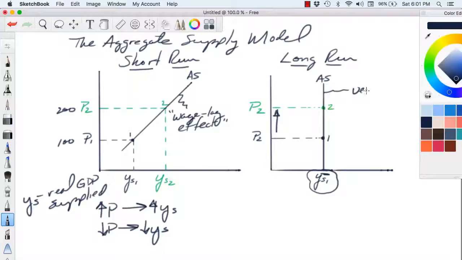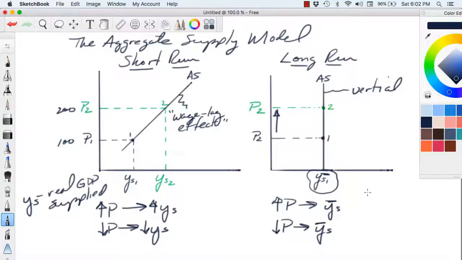So that leads us to what we would call a vertical aggregate supply curve. So we could note it this way: higher prices have no impact on real GDP supplied. In other words, if real GDP supplied is actually going to change, it's because there's been a change in something other than price. Likewise, lower prices have no impact on real GDP supplied, and that's what we assume in the long run.